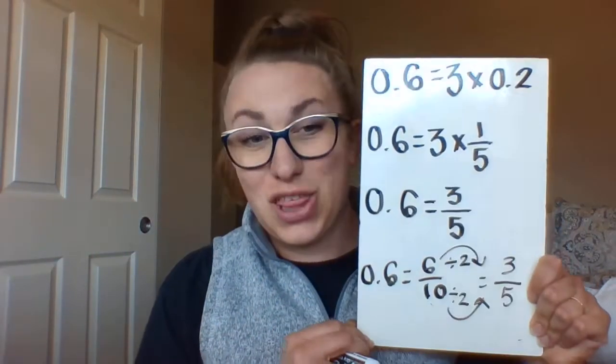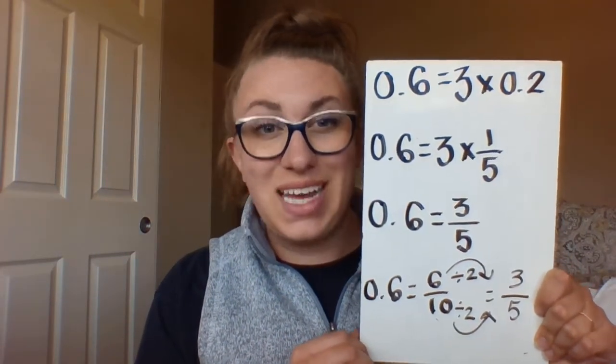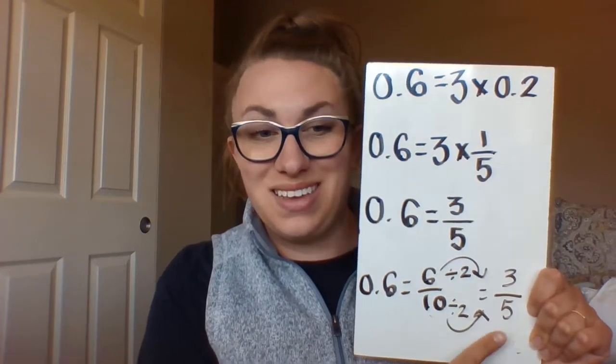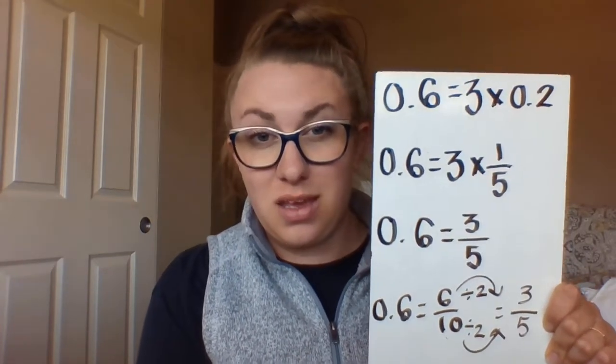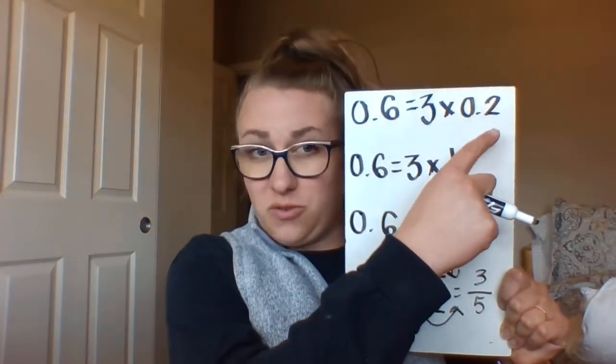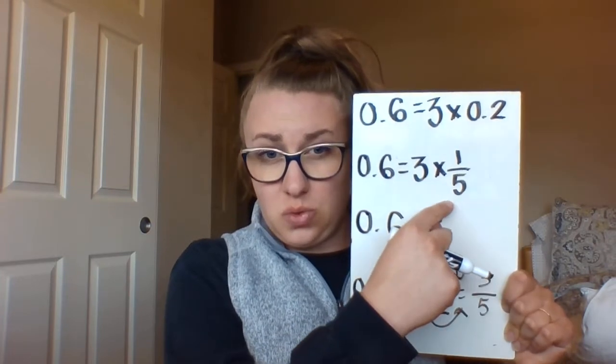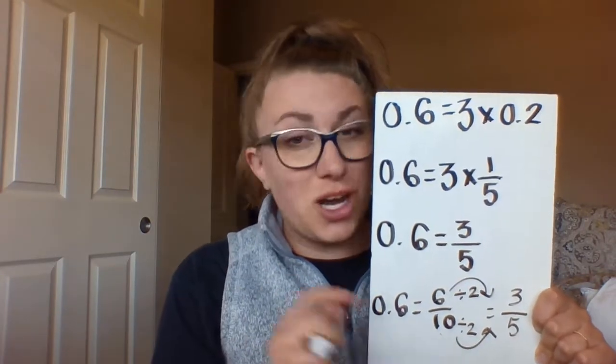When I divide 6/10, the numerator and denominator by 2, I get, you guessed it, 3/5. 6/10 is the same thing as 3/5. Again, we used that 1/5 that we already knew to analyze something a little more complicated.